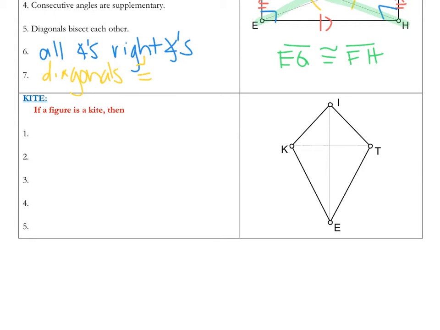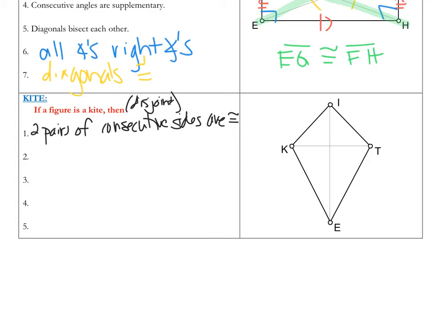What it does have is 2 disjoint pairs of consecutive sides that are congruent. And let's go ahead and put a little disjoint in there. Basically, that means that it's not that all consecutive sides are congruent, just the ones that are disjointed.